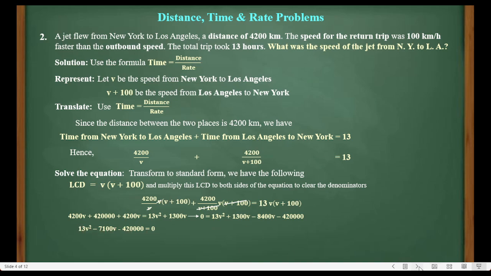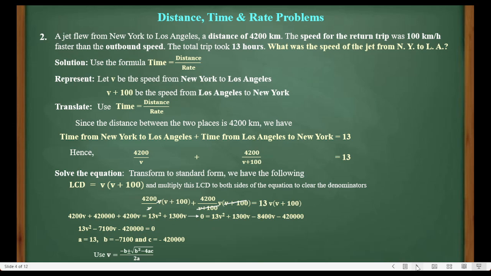And from that form, we can declare the values of A, B, and C, and these are 13, negative 7,100, and negative 420,000 respectively.